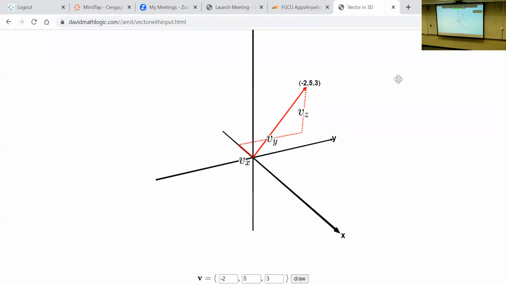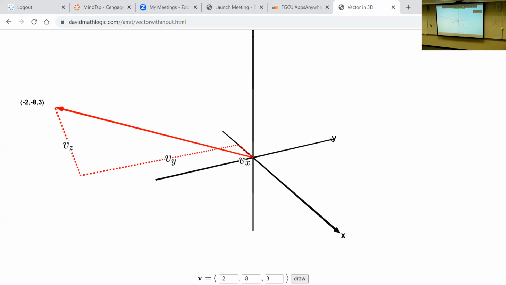So if I change that to negative 8, let's change that to negative 8. Good. So pretty much changing direction is simply multiplying by negative 1.